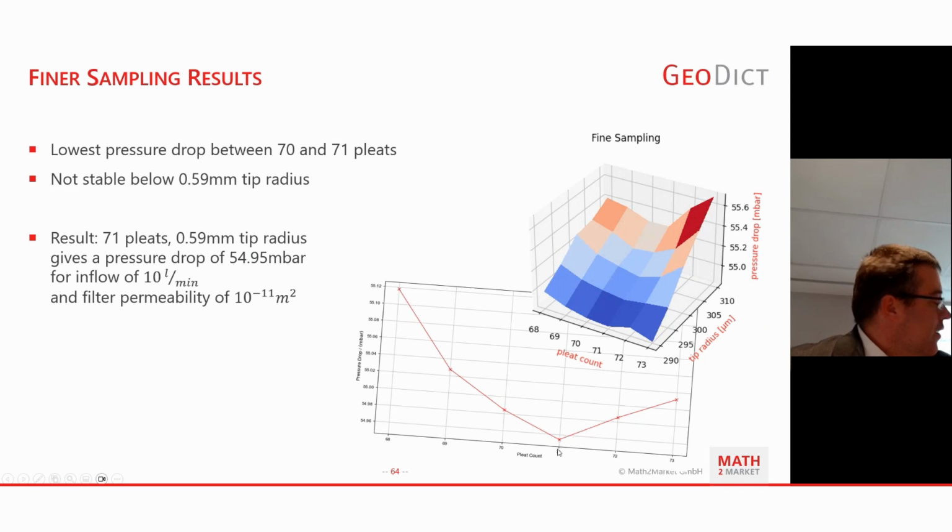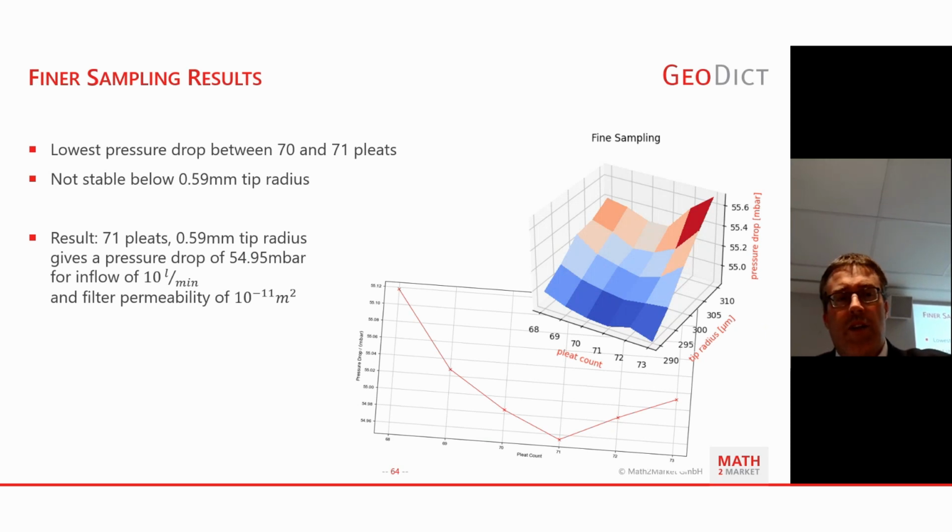We can say the minimum is at 71 pleats with a 0.59 millimeter tip radius and gives a pressure drop of 54.95 millibar. And I think I missed telling you the parameters: the complete thing here is calculated with an inflow of 10 liters per minute and a filter permeability of 10 to the power minus 11.